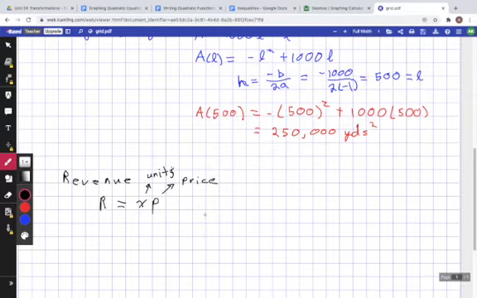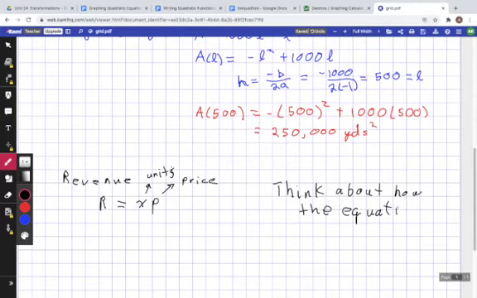However, the big thing to note with these questions is to think about how the equation is formed. You can get this by understanding that it's a revenue problem.